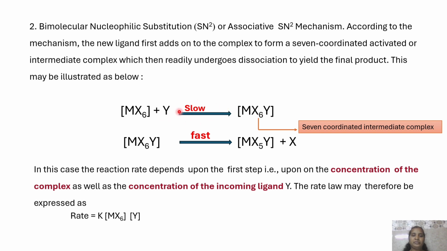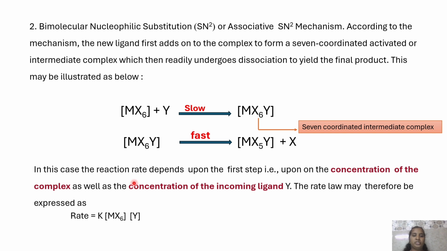In the first step, association of the ligand takes place, resulting in the formation of seven ligands bonded to the metal. So it is a seven coordinated intermediate complex.